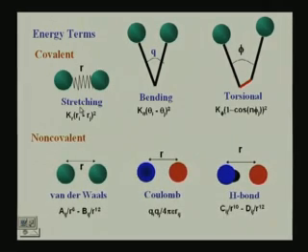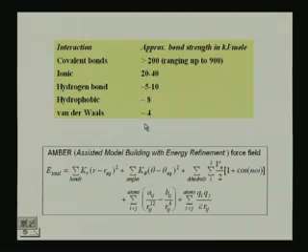So, we have a stretching energy, a bending energy, a torsional energy that is concerned with linked atoms. We have non-covalent interactions where we have the van der Waals interaction, Coulomb interaction and the hydrogen bond interaction.